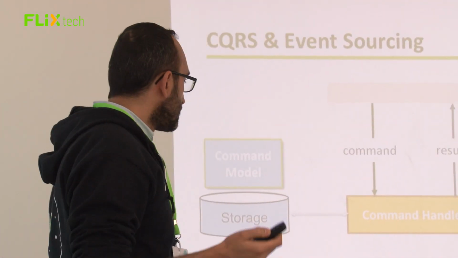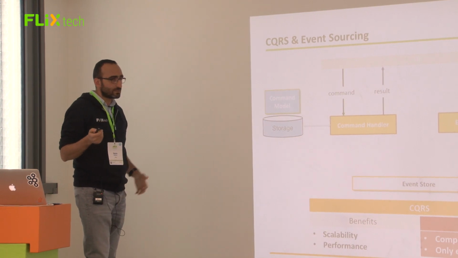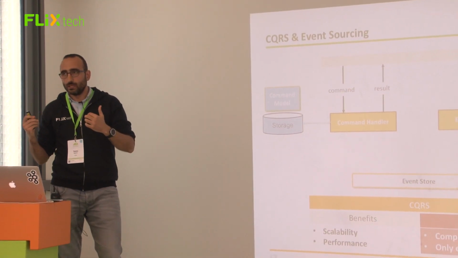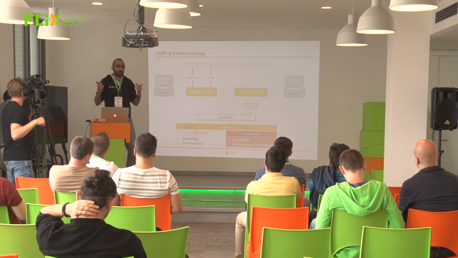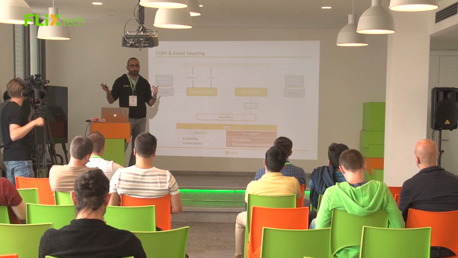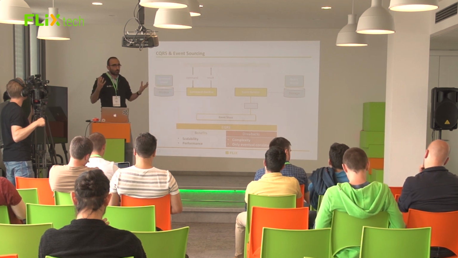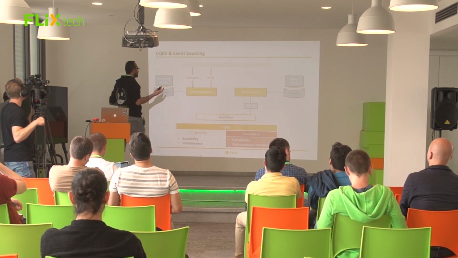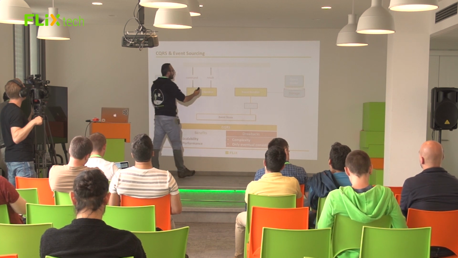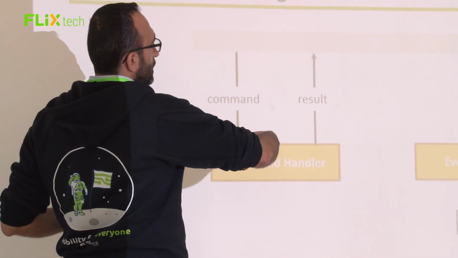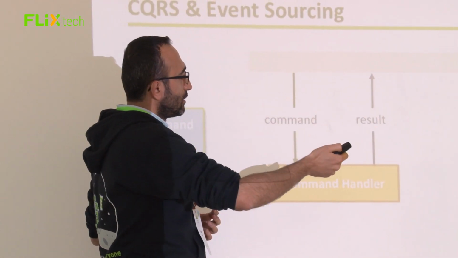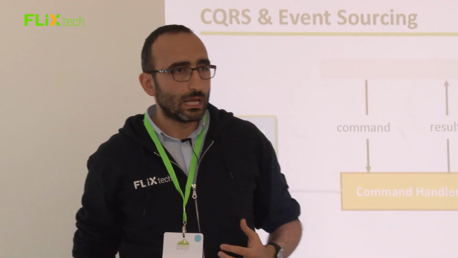So CQRS comes with the benefit of scalability, because in enterprise software, usually we have more reads than writes. So in this case, because the read and write models are segregated, we can scale the read as much as we want.